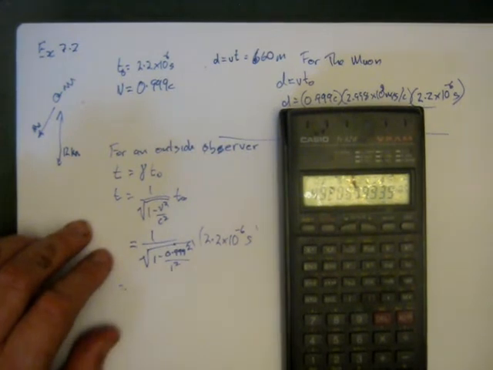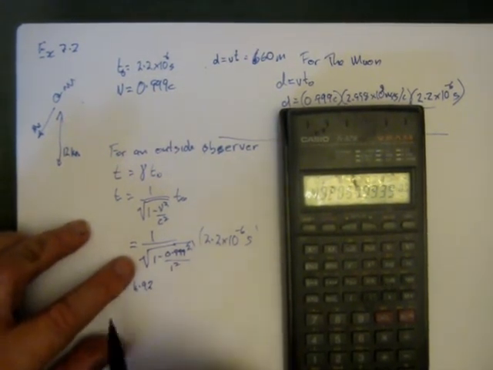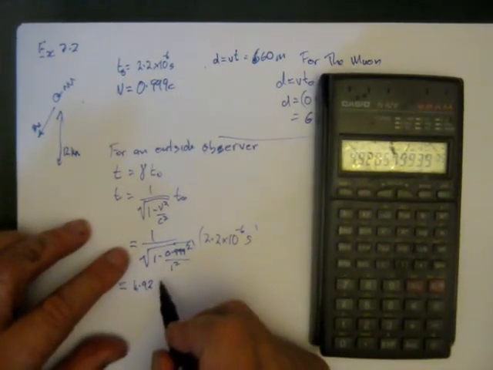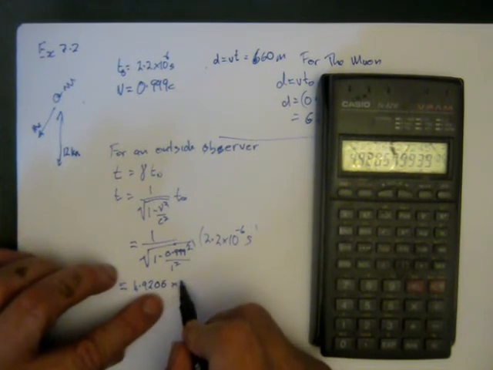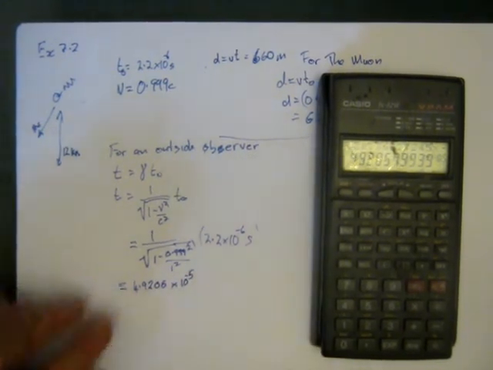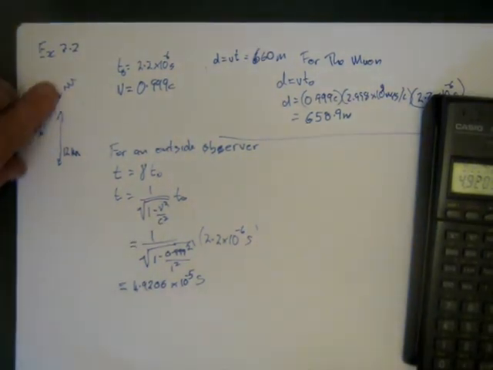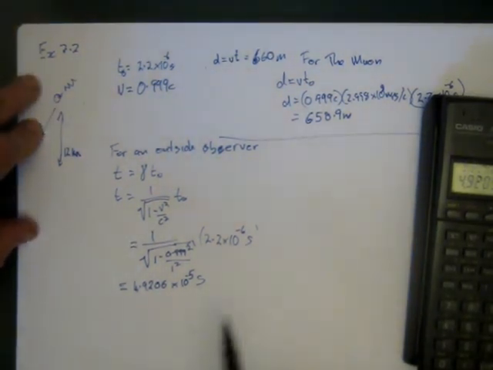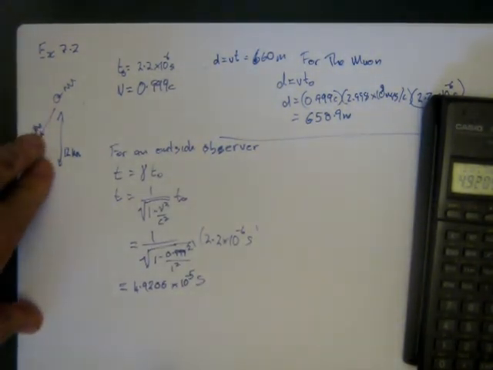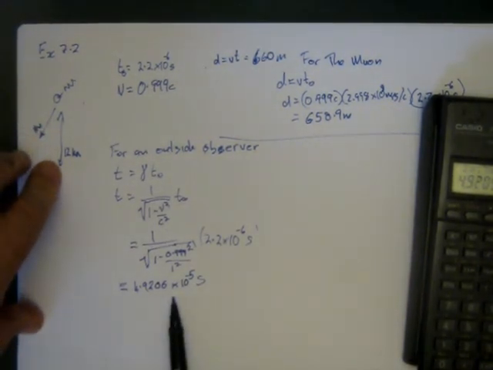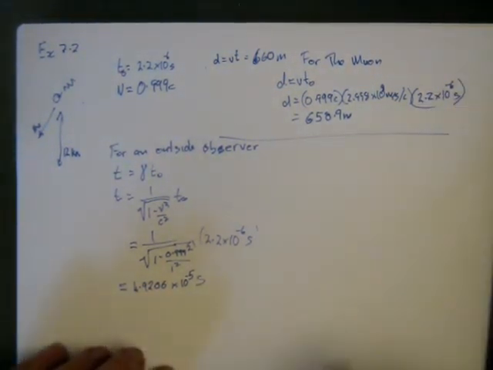So for the observer, for us, this particle actually exists for 4.9206 times 10 to the negative 5 seconds. In its own time frame, it lasts 2.2 times 10 to the negative 6, but we see it as 4.920 times 10 to the negative 5 seconds, so it actually lasts a lot longer.